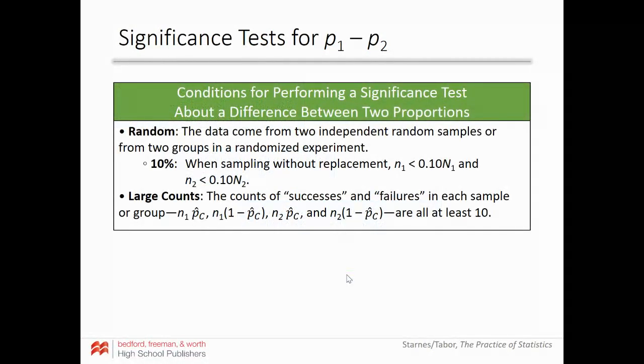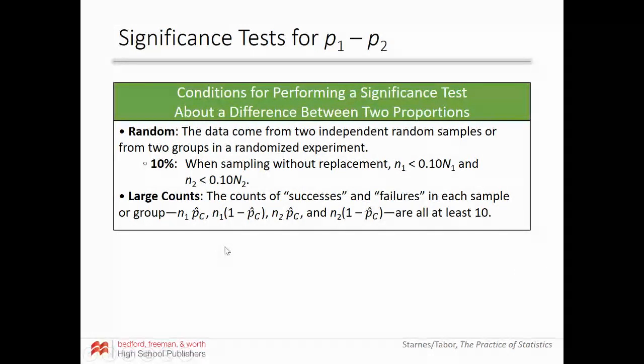So we still need to check our conditions, and it's going to be the same three: random, 10%, large counts. The random condition: the data comes from two independent random samples, in this case simple random samples, or an SRS, so you know that it's random.